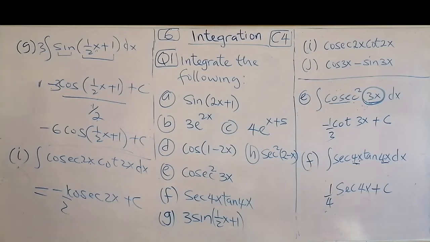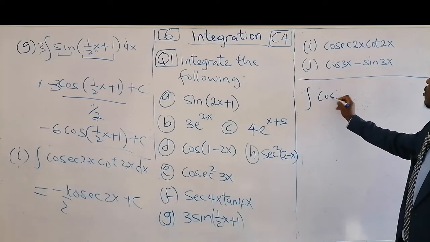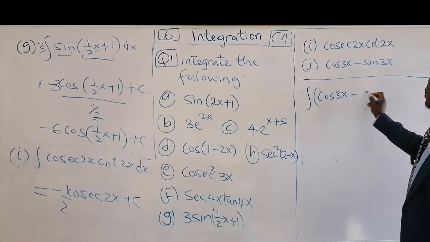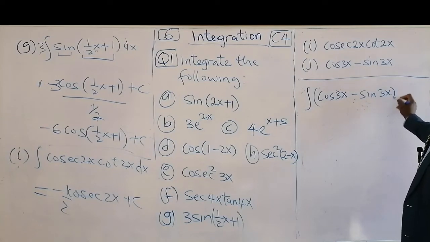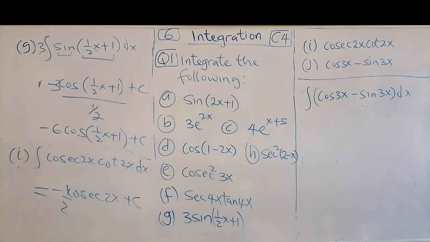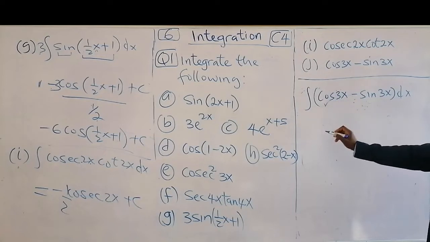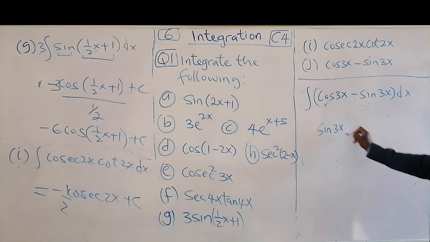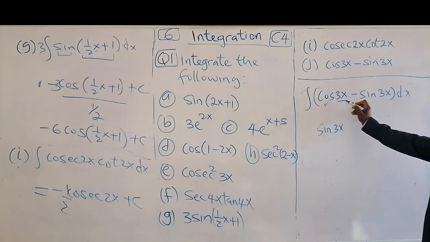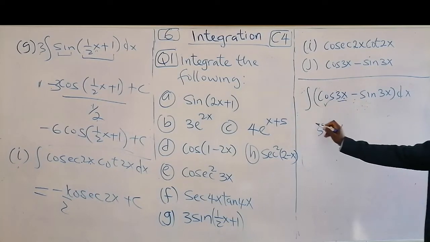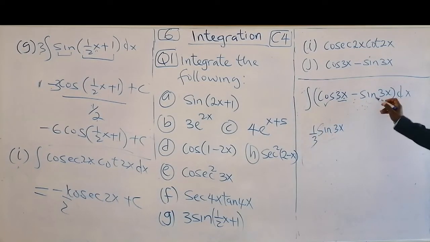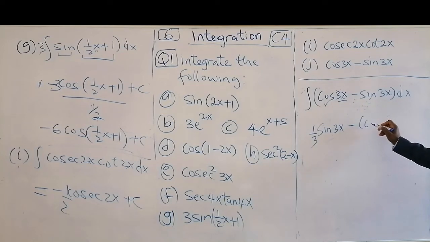Okay? The last one, integral of cos 3x minus sine 3x dx. So integral of cosine is sine 3x. Then you divide by the attachment to the function. Then here, the derivative of sine is minus cos 3x.